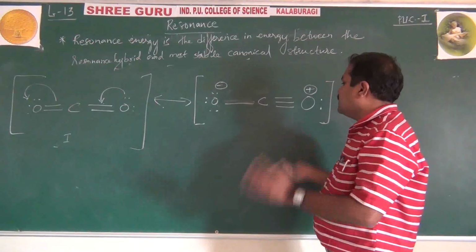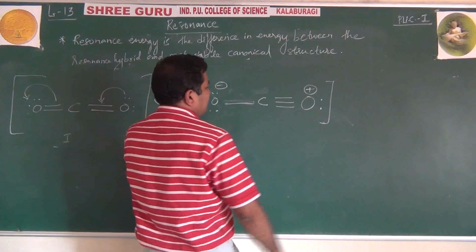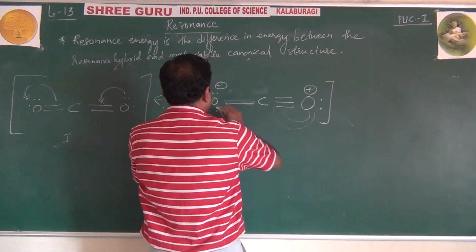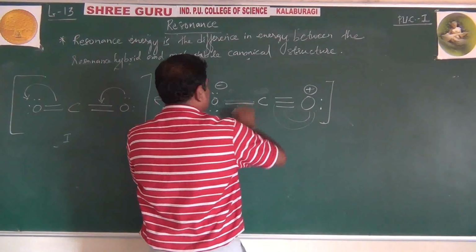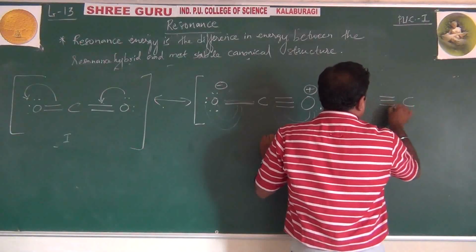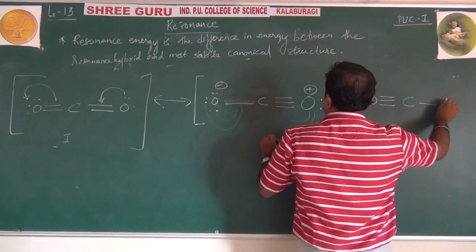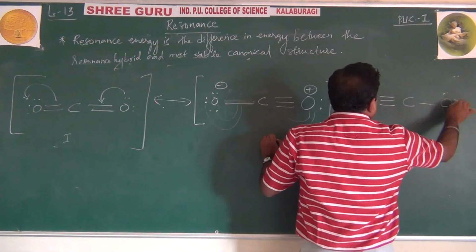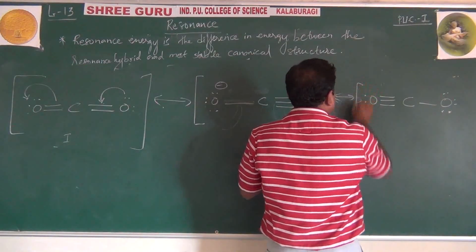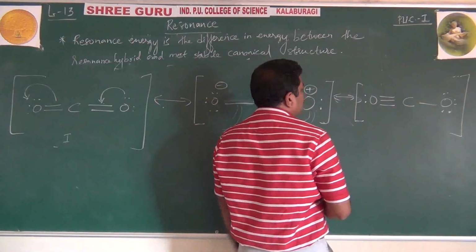Now once again, the single bond will come on. That means these bonds will shift over, giving rise to this. This is somewhat tricky: triple bond, single bond. This is another resonance structure. It is a linear molecule.